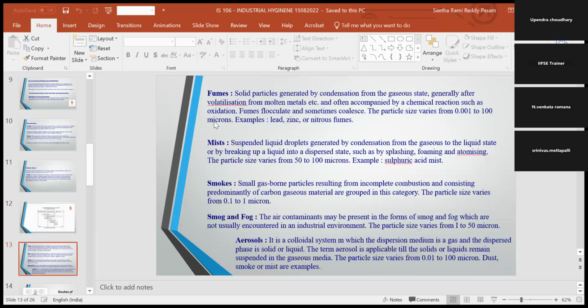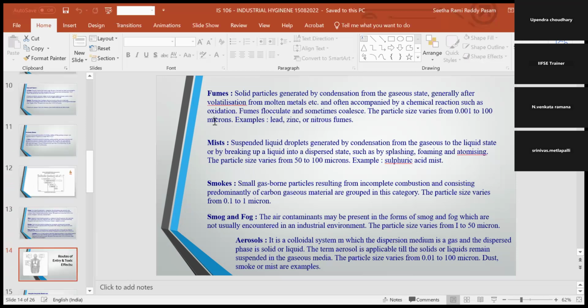Then we'll see different definitions of aerosols, which means the presence of chemical contamination in the air, a mix or concentration of chemical in the air.